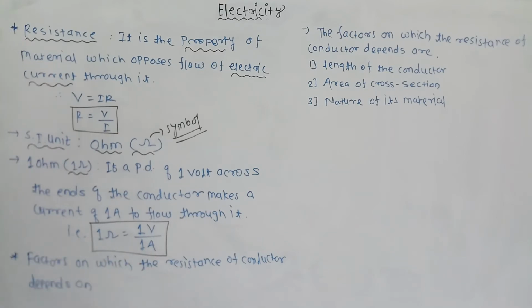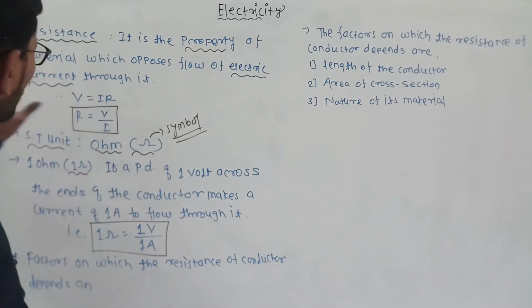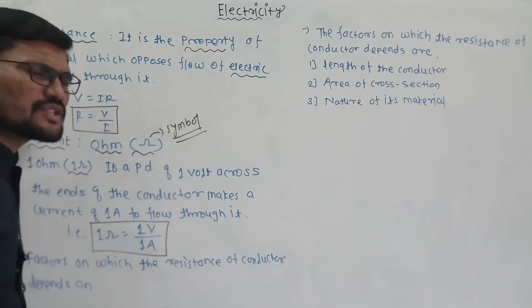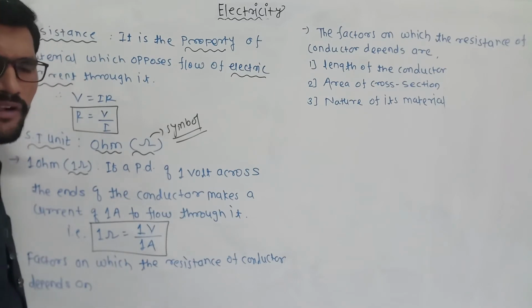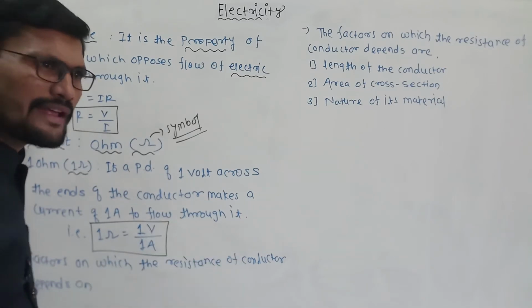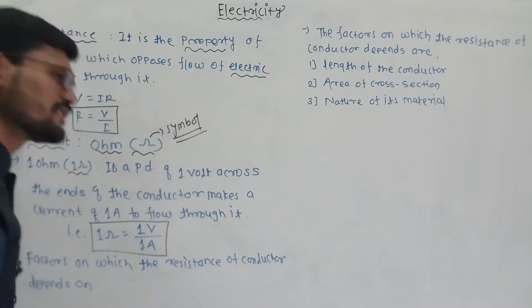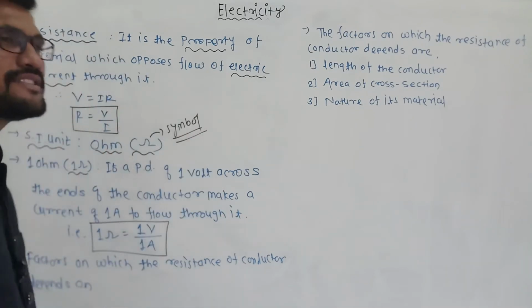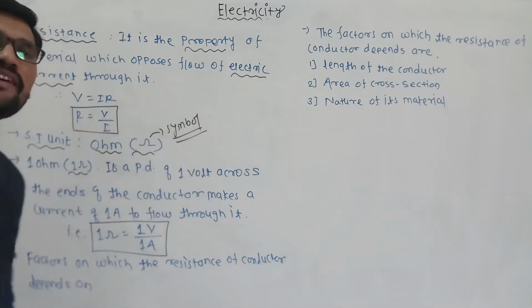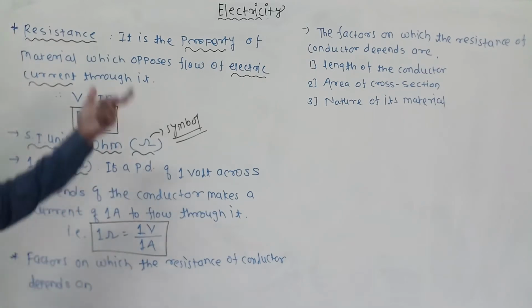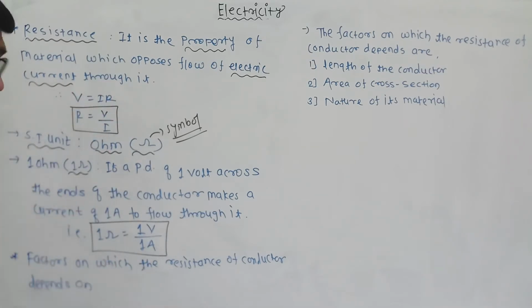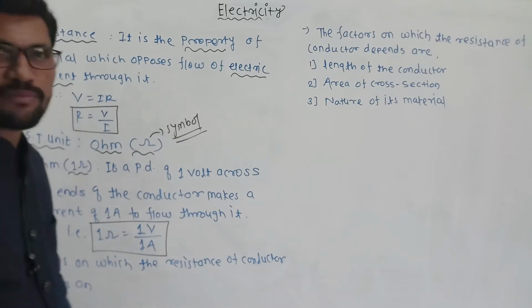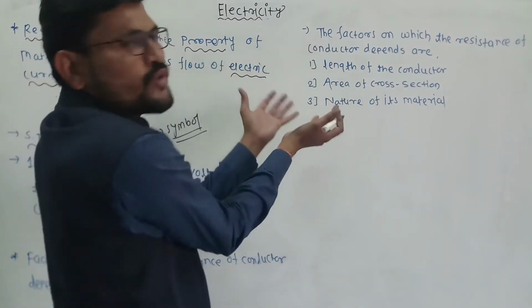Clear? But now it was observed that when this resistance was connected by taking different types of material, different lengths and different cross-sectional areas, resistance somehow depends upon some factors. So our next point from this electricity is on what factors this resistance depends. If you are able to see, these are the factors.